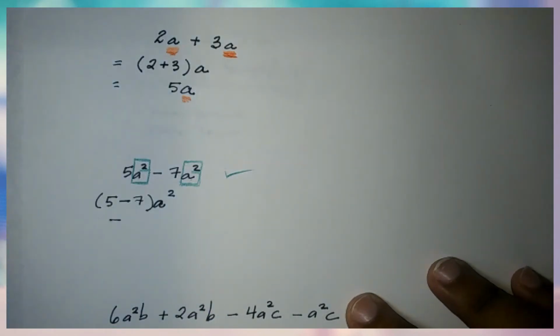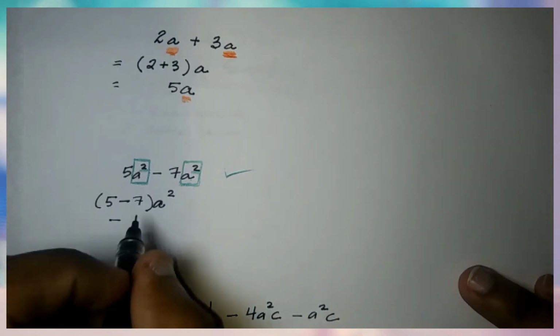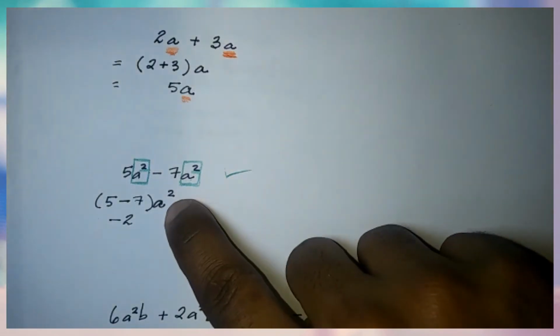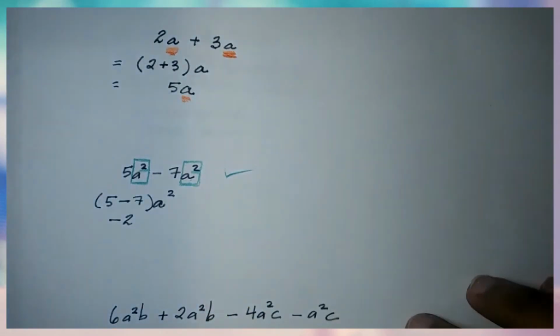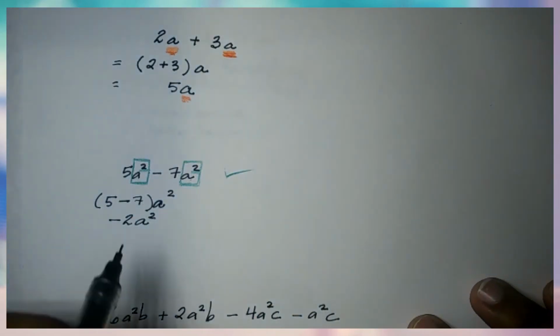Then we need to determine how much we owe. Well, if you paid 5 and you have 7 to go, 5, 6, 7, that's 2. So you still owe them 2. And what are we dealing with? A squared. So I have to put on my variable raised to the same power. As easy as that.